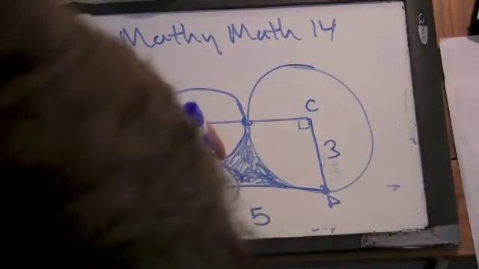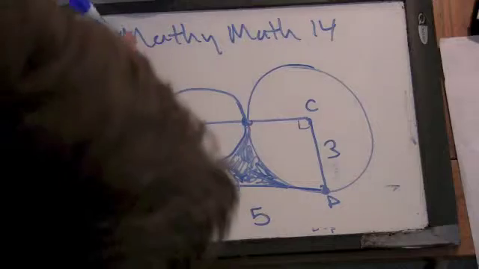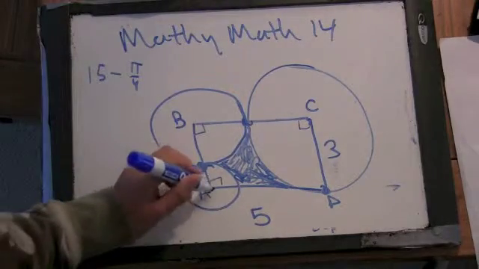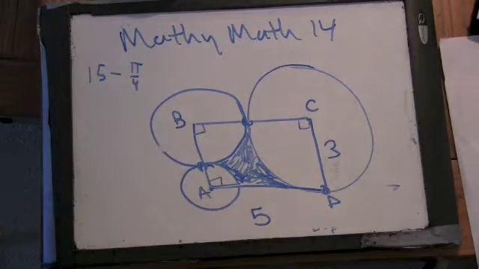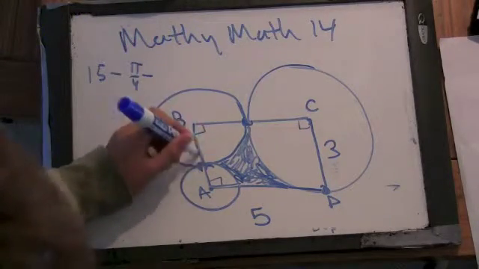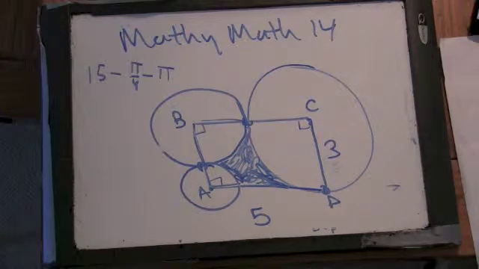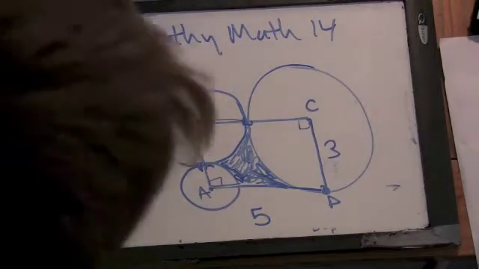So we have a rectangle. The first one is pi over 4, because it's the quarter circle of a circle of radius 1. Minus, this one's a quarter circle of a circle of radius 2, so it's pi, because you have 1/4 of 4 pi.